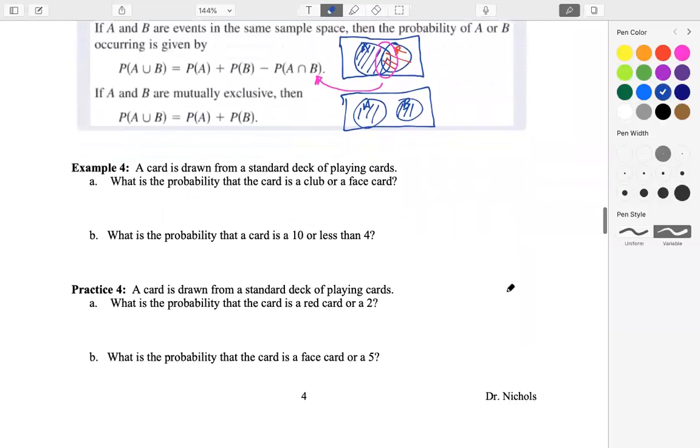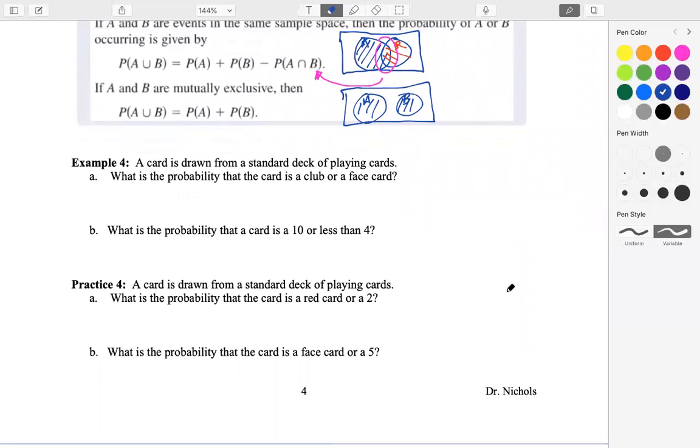All right, let's try example 4. So a card is drawn from a standard deck of playing cards. What is the probability that the card is a club or a face card? So probability that the club or face. Well, that's going to equal the probability that you have a club plus the probability that you have a face. And then we have to think to ourselves, can you have both?